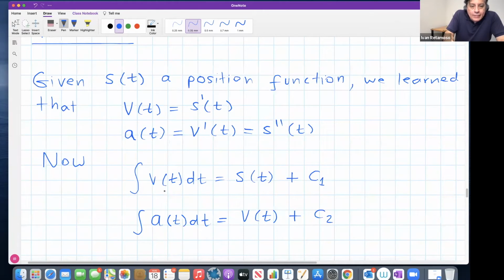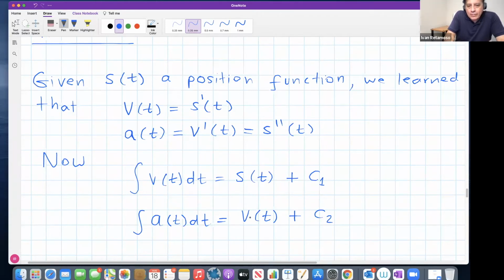Good. Now we are doing this process backwards. If I want to get the position function from the velocity function, then I have to take the antiderivative of the velocity function, so I get the position function plus some constant. Similarly, if I want to get the velocity from the acceleration function, I take the antiderivative of the acceleration function.